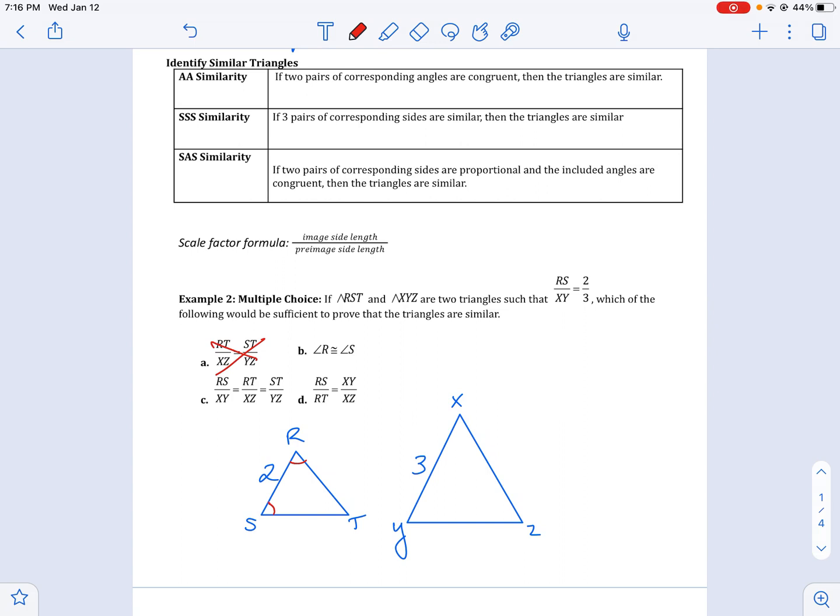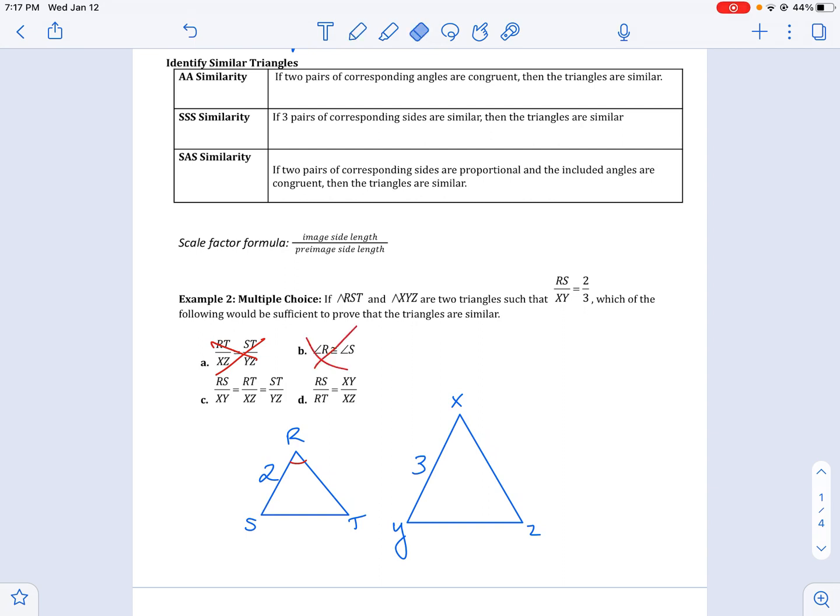I might have two angles and a side that are labeled in my smaller triangle, or in my pre-image. I guess if we were looking at pre-images and images. But I don't know anything about the angles in my second triangle. I don't know if any of these angles would be congruent to their corresponding angles, so that doesn't help me at all. That's a no.